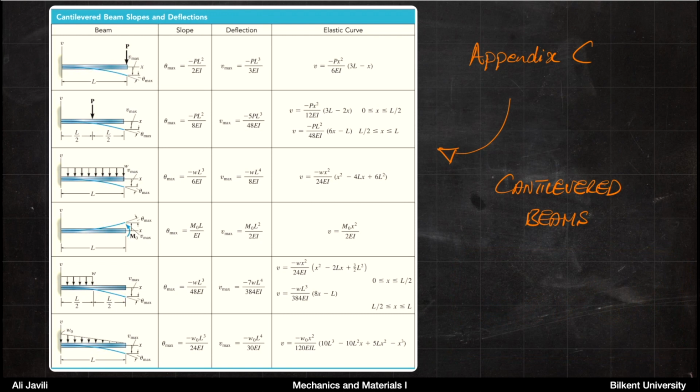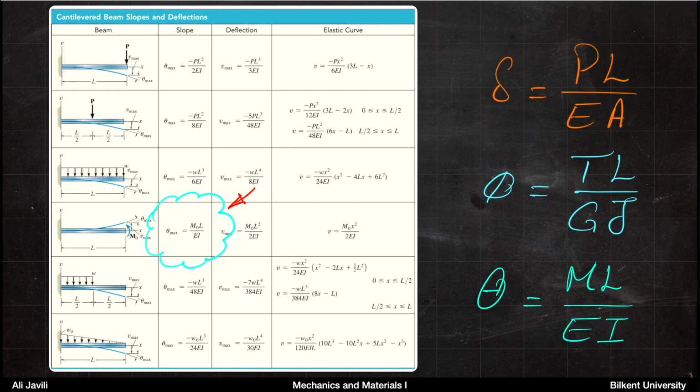Before I jump to the next topic, I want to bring your attention to one of the equations here. So if you have a cantilevered beam and you apply a moment M, the angle that you have at the end, or the maximum angle, is ML divided by EI.